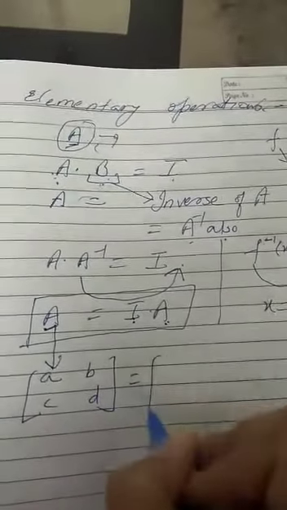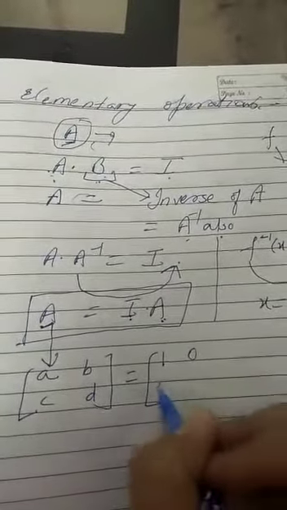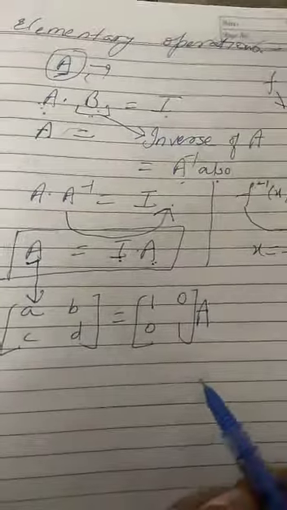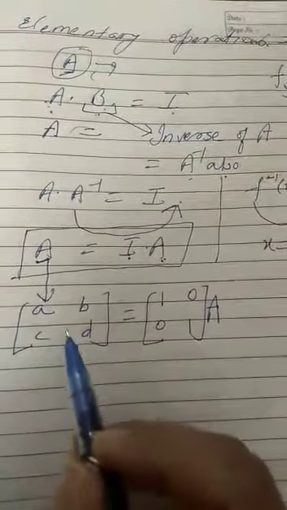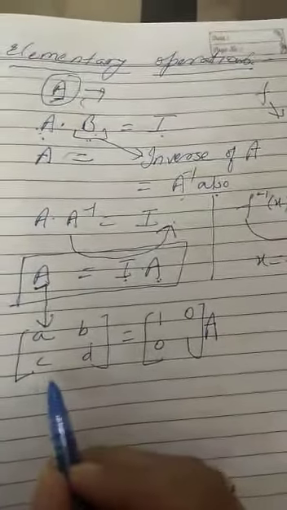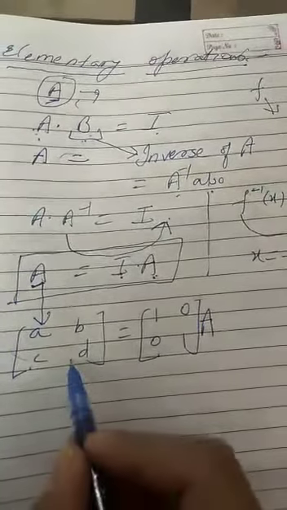What I will do here, I will write down [1, 0; 0, 1] and A. So the method says I will use these elementary operations that we have not discussed yet. We will understand that also. I will use the elementary operations to make the changes in this matrix.